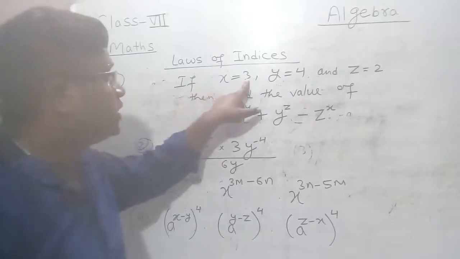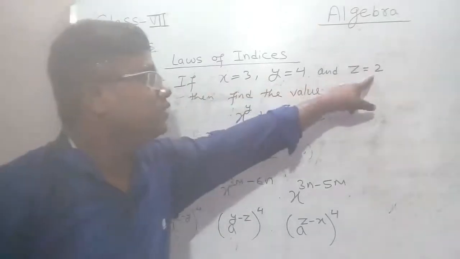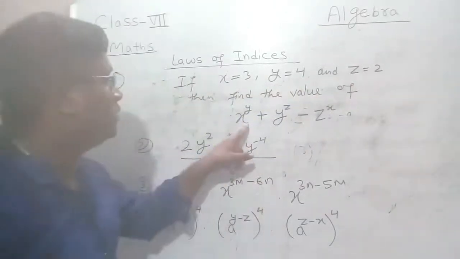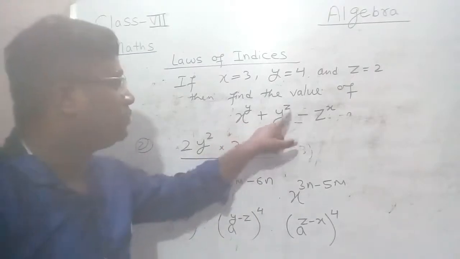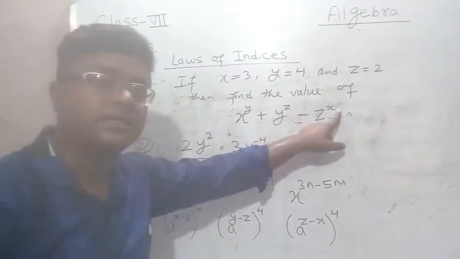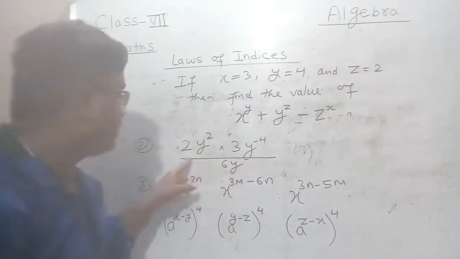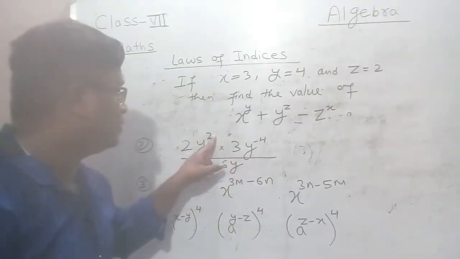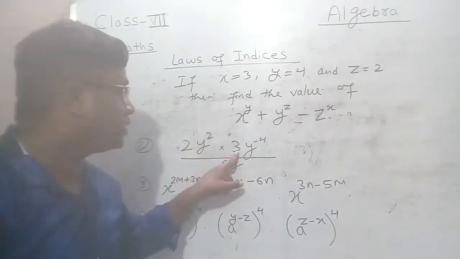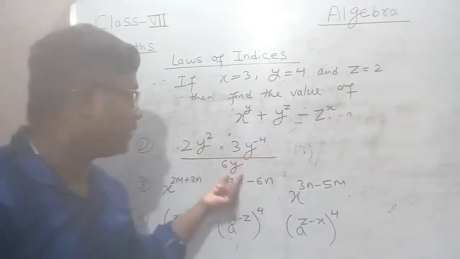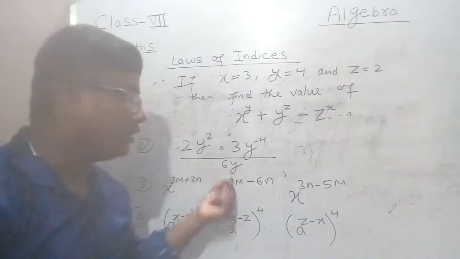If x is equal to 3, y is equal to 4 and z is equal to 2, you need to find the value of x to the power y plus y to the power z minus z to the power x. Okay. Similarly, another question is simplification: 2y to the power 2 into 3y to the power minus 4 divided by 6y. Okay.